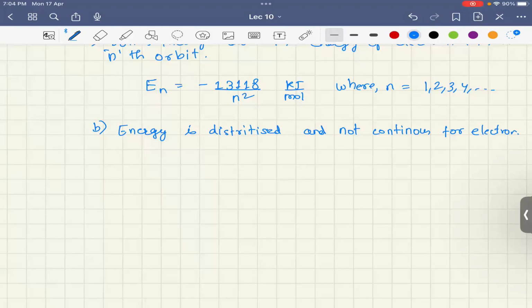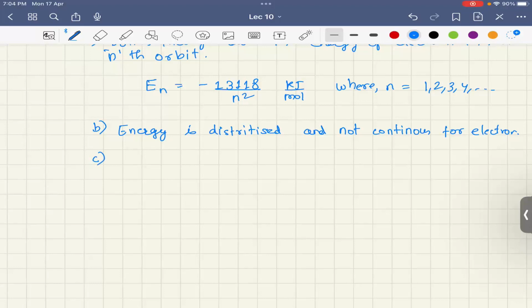It means that when an electron gains or loses energy, it does so in such a way that n has a value which is a whole number. So electron does not gain or lose energy in a continuous manner, but in jumps. This led to the concept of quantization of energy, which means that the radiant energy is emitted or absorbed in bursts rather than continuously. From the above facts, we can conclude that the energy of an electron is quantized.